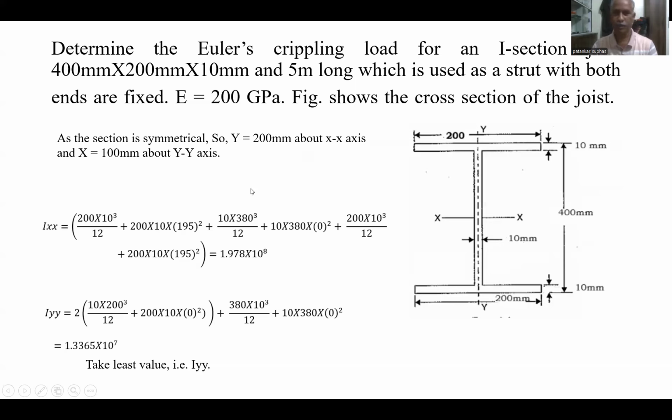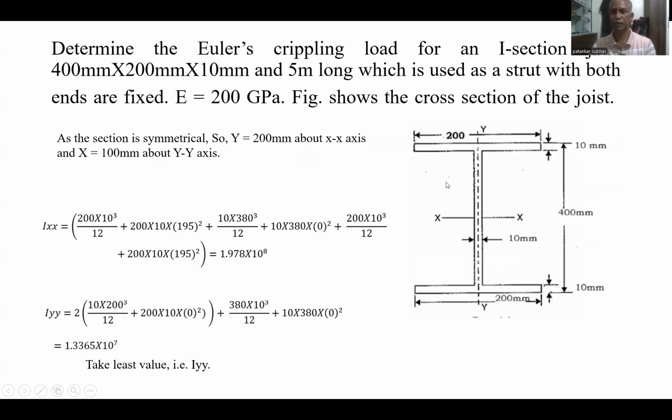So no need to find it separately. Generally, for an unsymmetrical section, we consider the three rectangles, 1, 2 and 3, and find out the Ixx and Iyy.